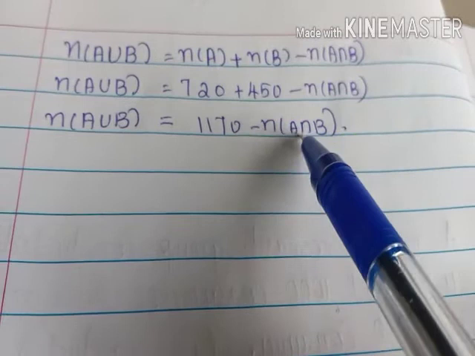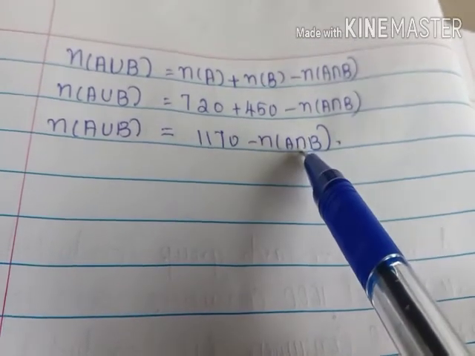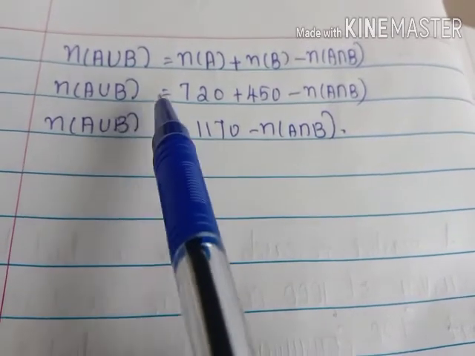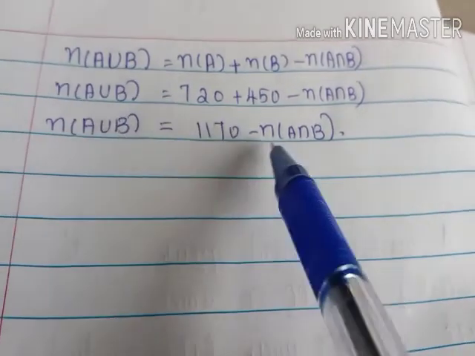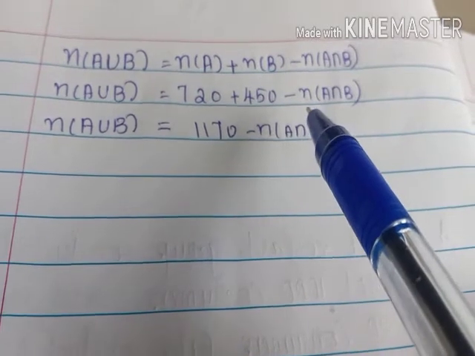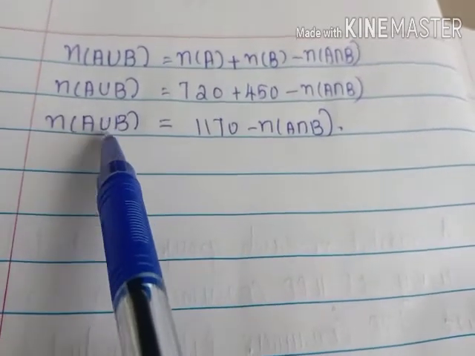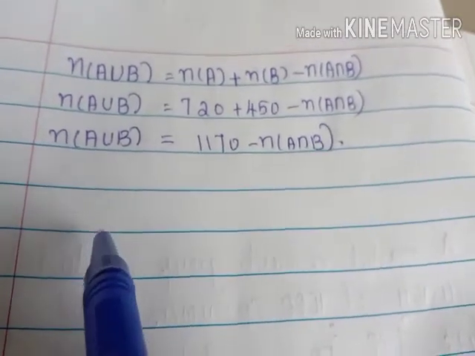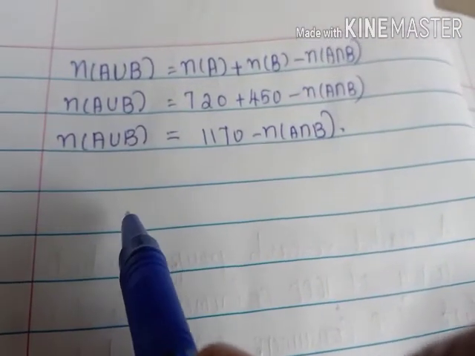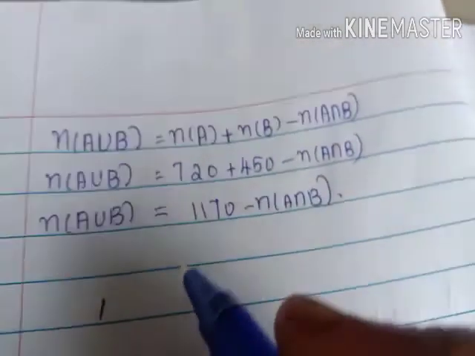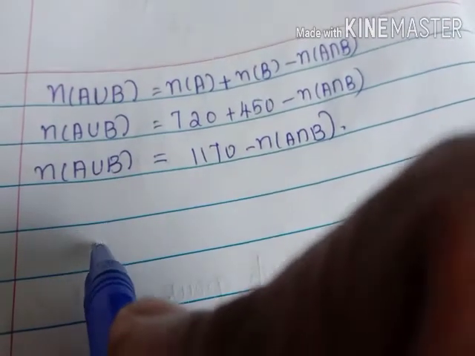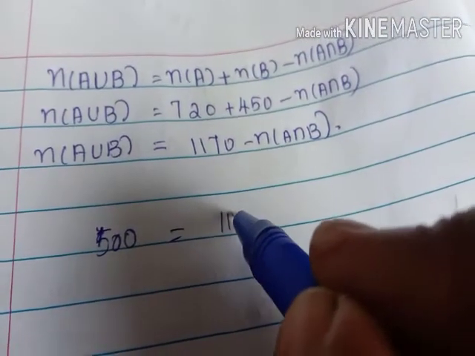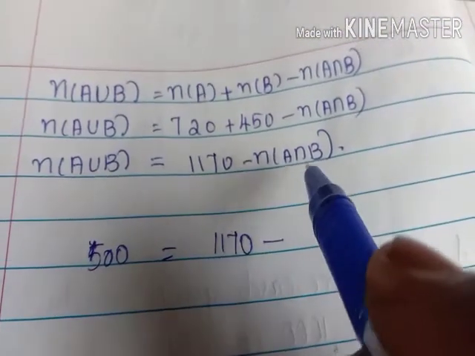N of A intersection B becomes minimum only when n of A union B is maximum. Let's see some values. Suppose we take n of A union B equal to 500.